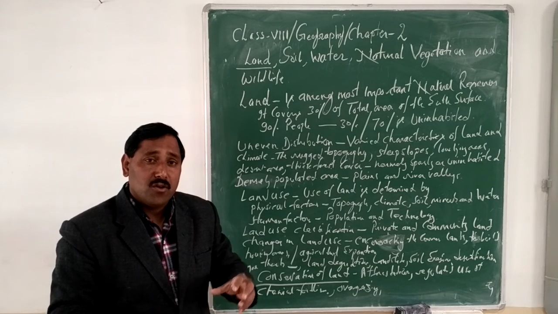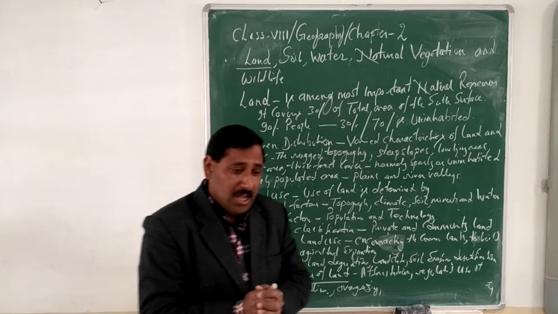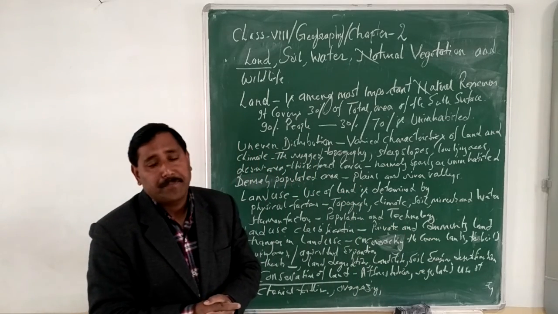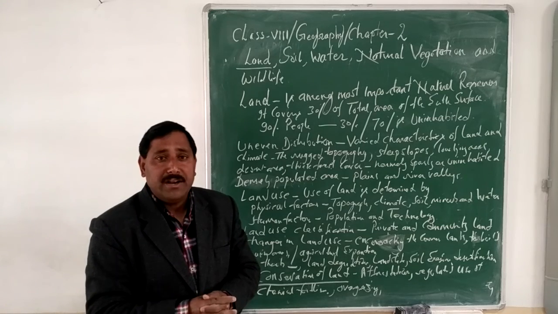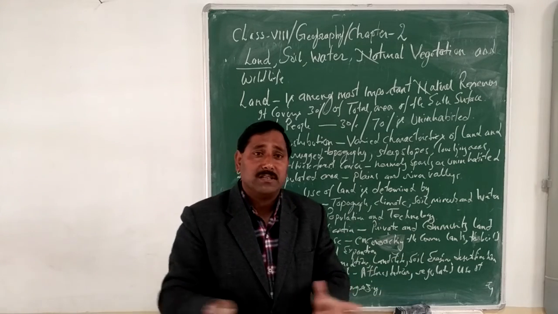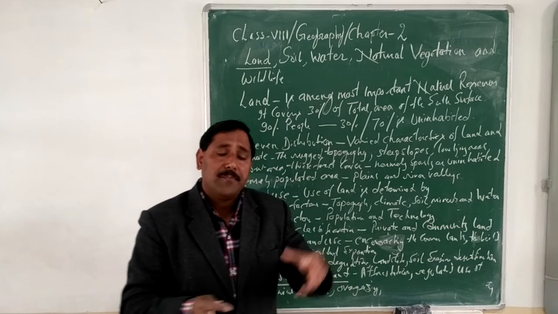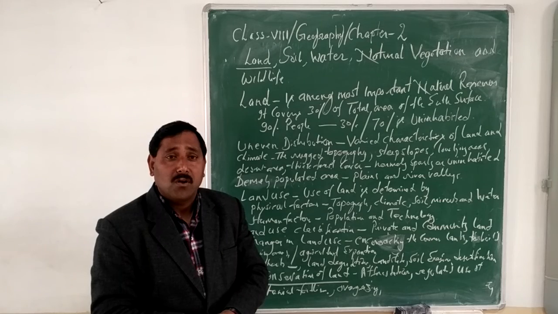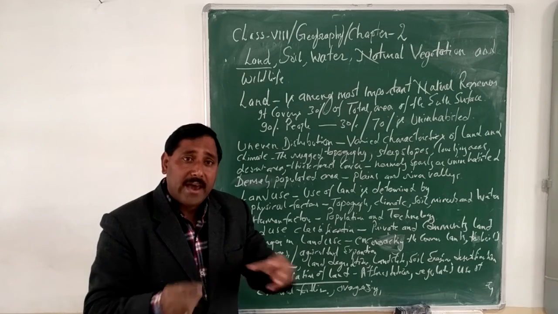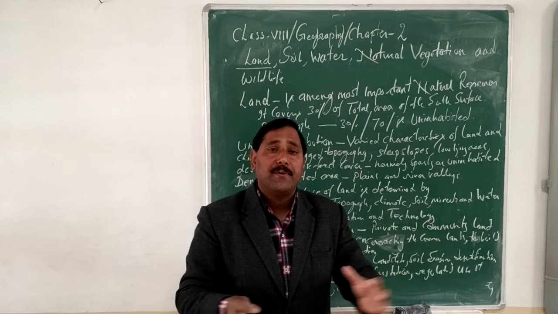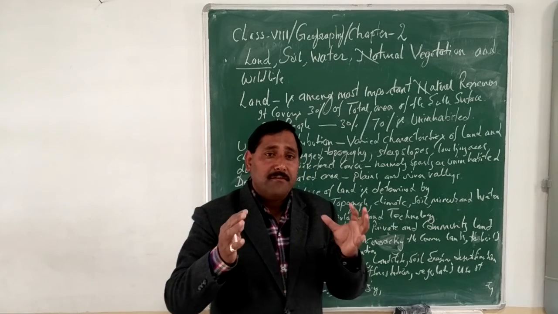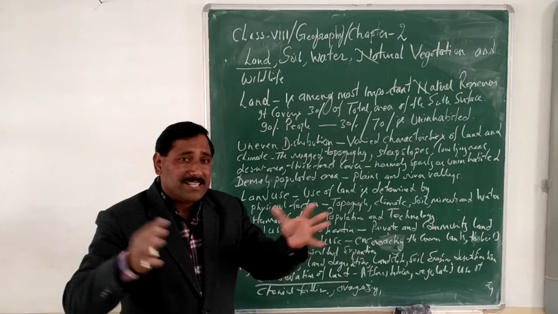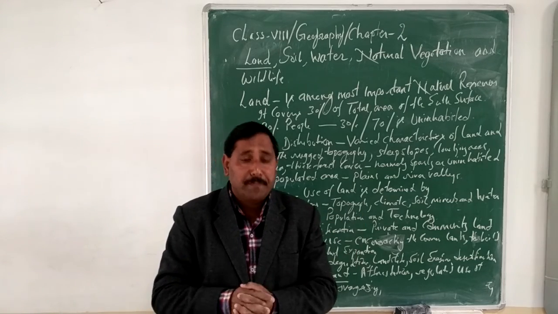Because you might have seen that some places are densely populated, and in some places the population is sparse. Very few people live there. Have you ever thought why this happens? Why do more people live in some areas and very few people live in others? All this is the characteristic of land available to the people.